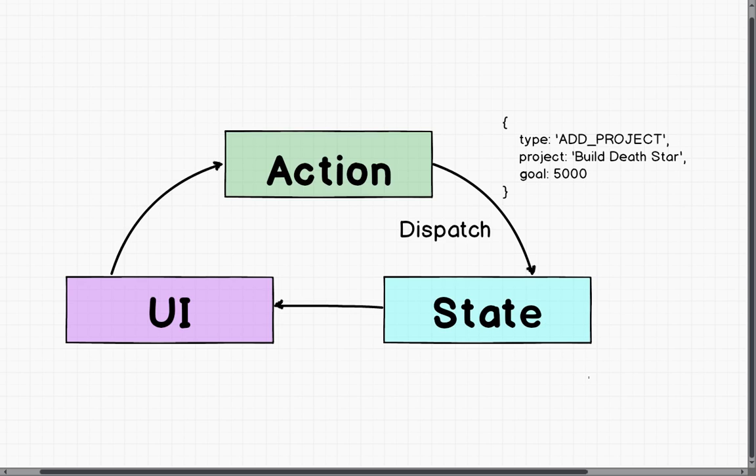So in our case, it will add a new project, and then we return that new object, that new state. So this actually gives us a history of changes to our state as well. So we will have the old state, the current state, the action, and then the new state.